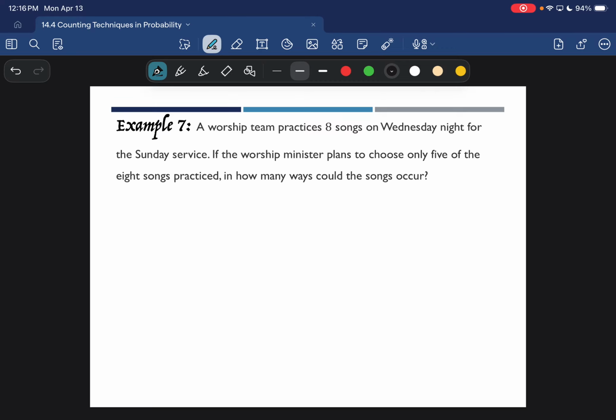And you have 5 songs that you're going to sing. Then there's 5 different slots that you're going to choose. Does that make sense? So the fundamental principle of counting will work on this. That's one option because I'm making 5 choices, one after the other. Now, unlike the last one, I'm not going to have the same number in each spot.